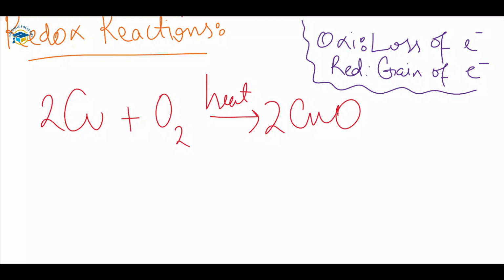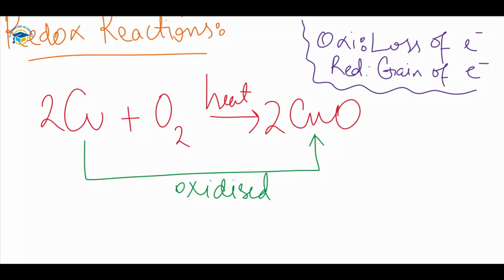You can see here copper is getting the oxygen. Copper is converted into copper oxide, so copper is oxidized. The oxidized substance from here is copper. But what has been reduced?